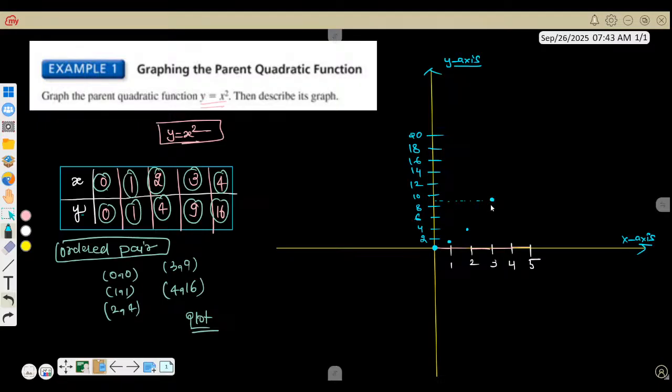Here. And then you have 4, comma 16. This is 4 and this is 16. This. So your graph is going like this.